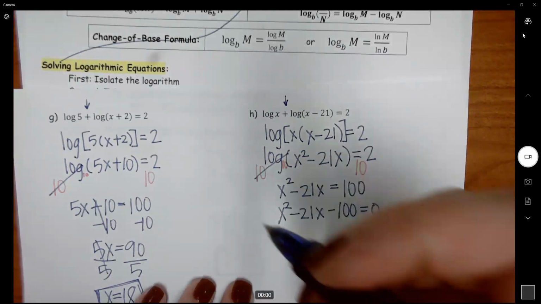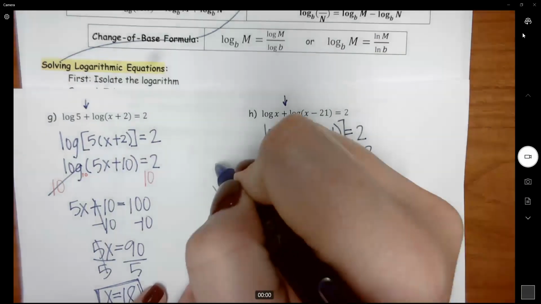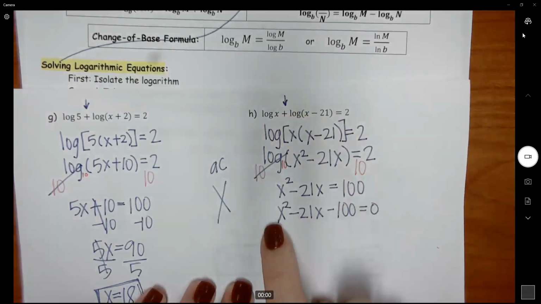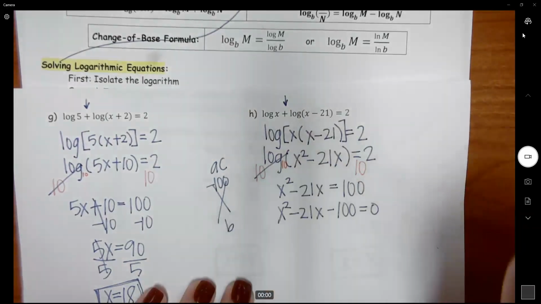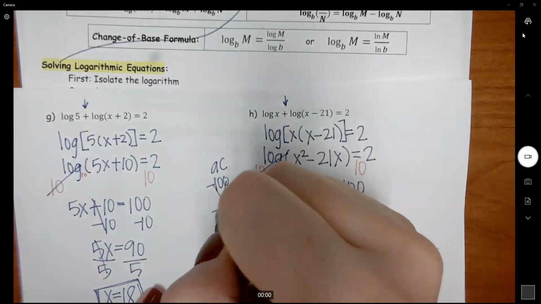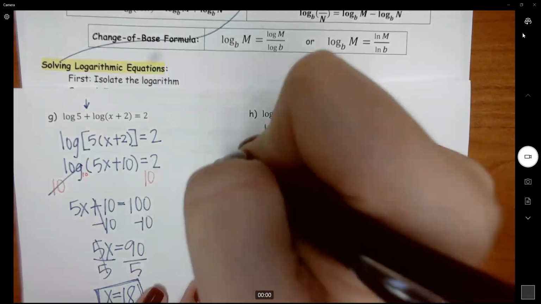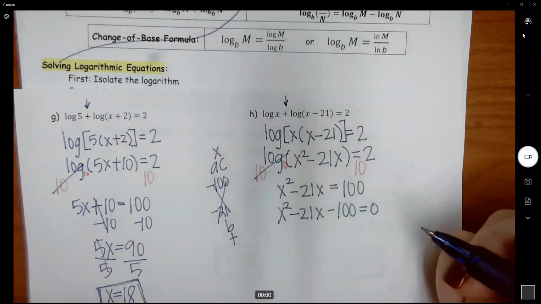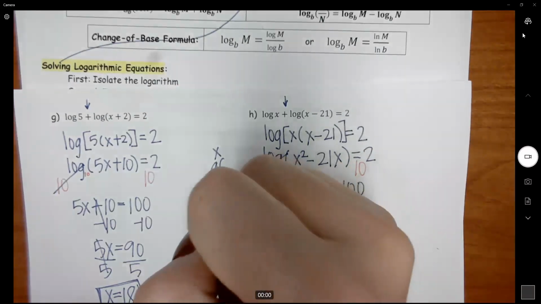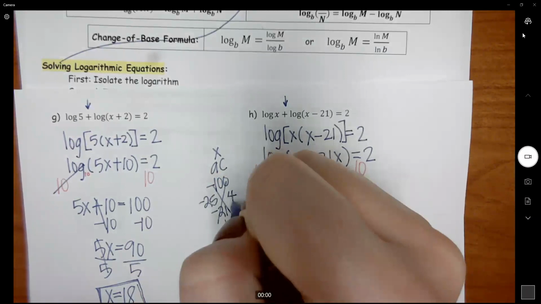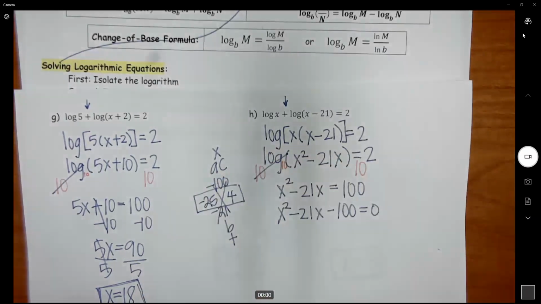I have no GCF, so I will go into my x. My a times c is 1 times negative 100. And my b term is negative 21. What adds up to negative 21, but multiplies to a negative 100? That is negative 25 and a positive 4.